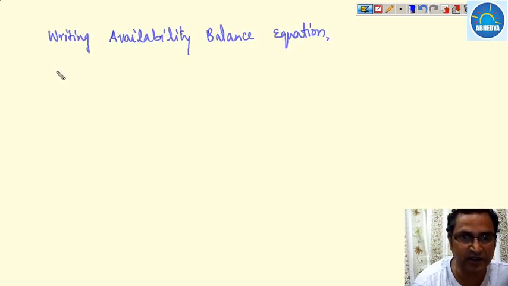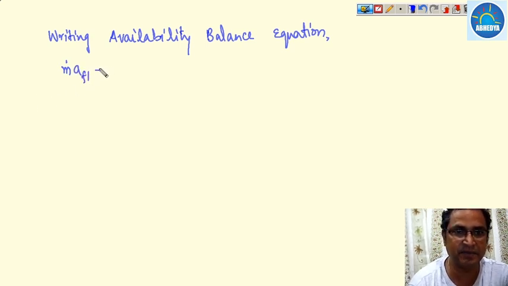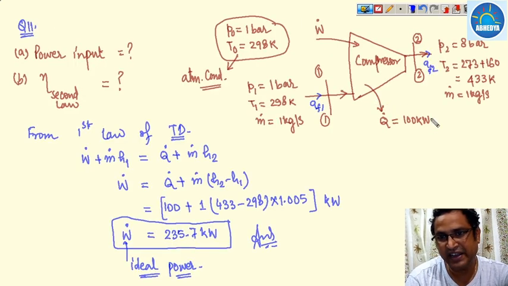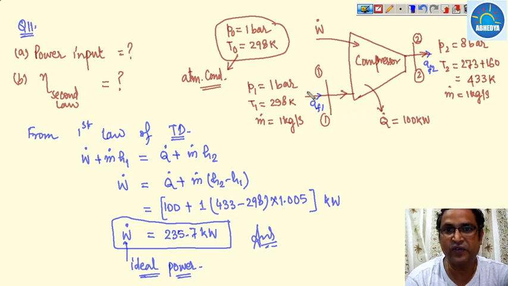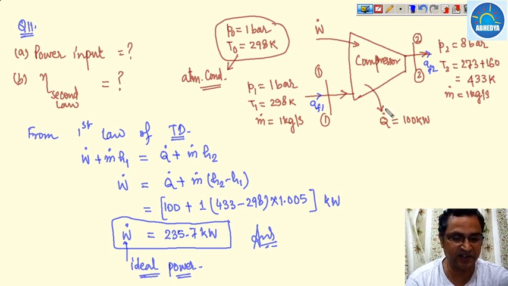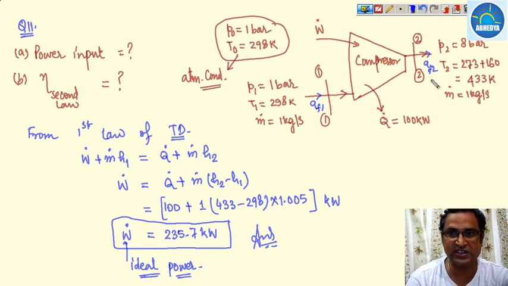So m dot AF1, that is the availability at inlet, plus W dot is equal to, now see, this much heat has been rejected with respect to the environment temperature of 298 Kelvin. So this is at output condition.